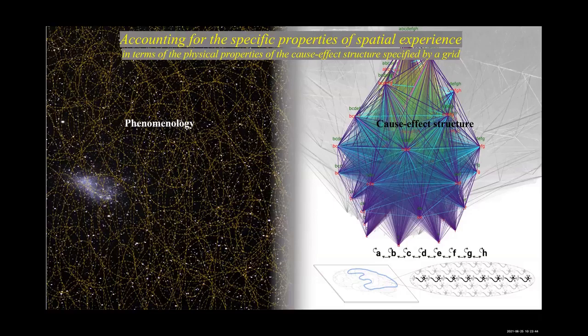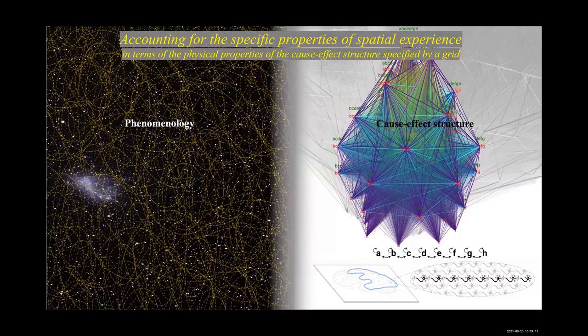And that spatial extendedness, unlike other aspects of experience like a color or nausea or anything like that, is penetrable by introspection. We can, to some extent, understand the structure of spatial experience through introspection, which very much boils down to spatial attention in this case. The idea then is that we need to find a correspondence between phenomenology and the cause-effect structure specified by a particular substrate.